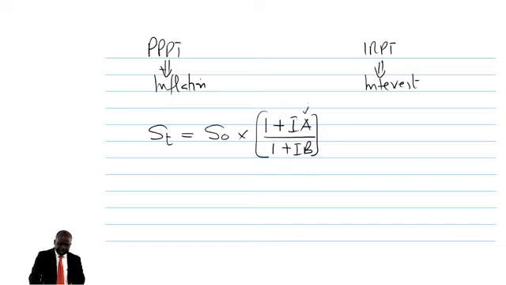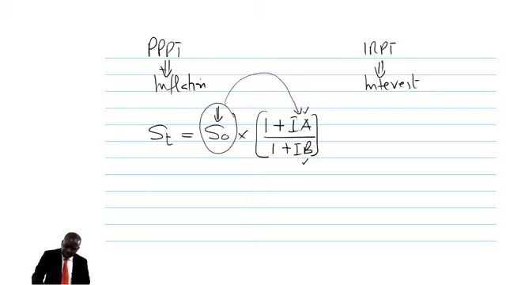Which country's inflation comes here depends on the currency you are putting here. So if I put dollars here, the US inflation rate should be inflation A.